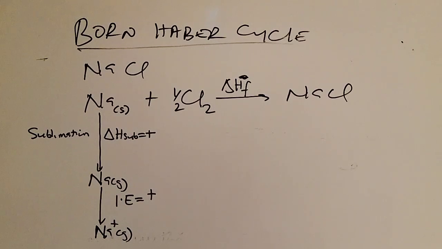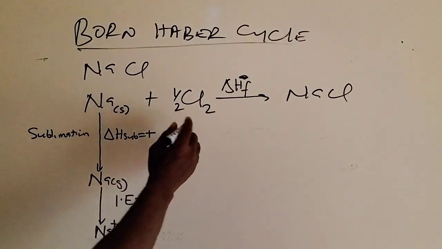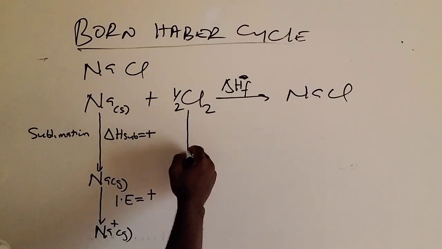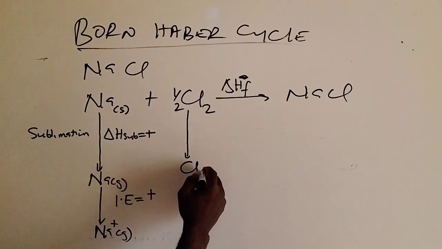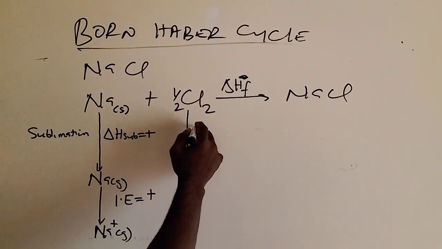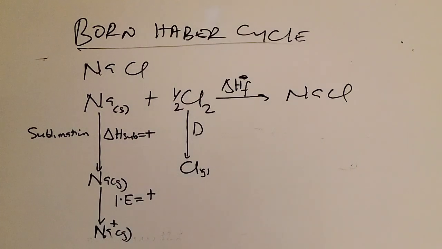Now going to the non-metal. The non-metal, which is chlorine, also undergoes 2 stages. First of all, the molecule breaks into its atoms to give you free gaseous atoms. We need the dissociation energy.